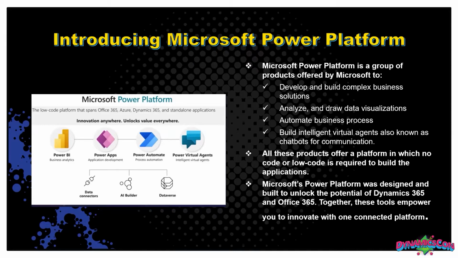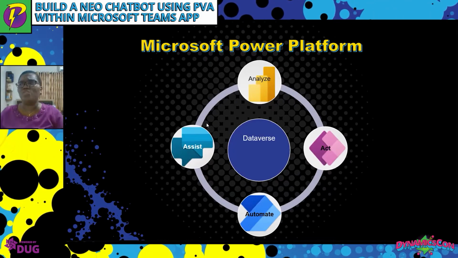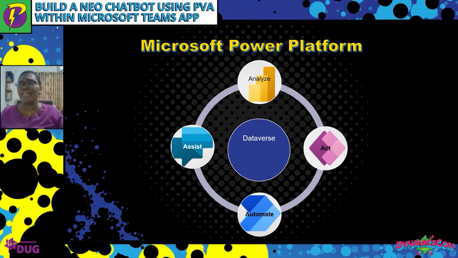All of these products are offered in a low-code platform to build applications. One of the things it does is to unlock the potential of Dynamics 365 and Office 365.